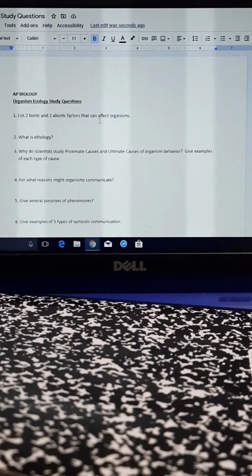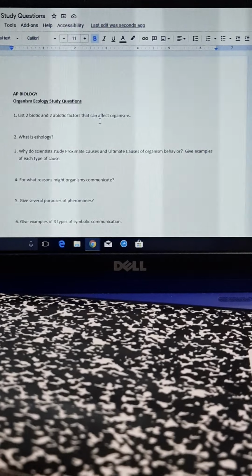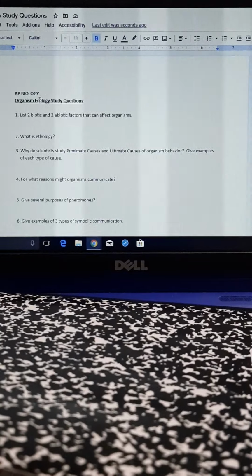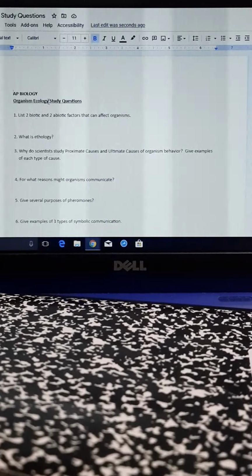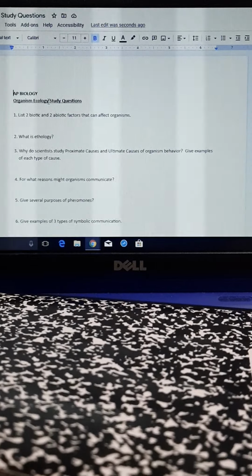Today we're going to be looking at AP Biology, Organism, Ecology study questions. And again, this is a brief overview. I'm using the information that was given to us in a PowerPoint for our class, specifically for our class.